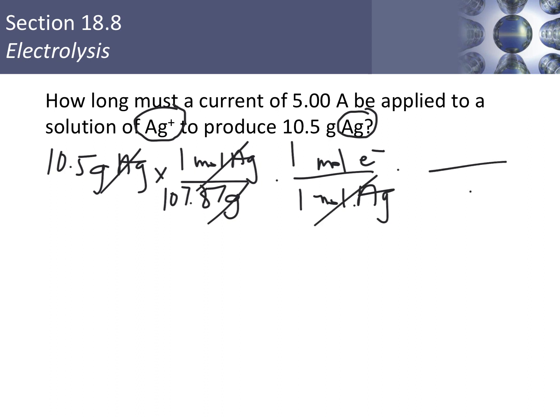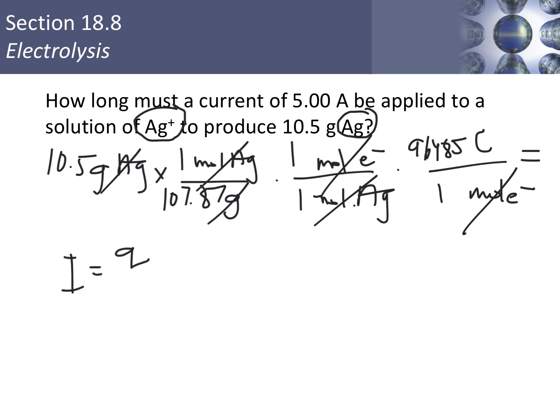Then we can cancel our moles of electrons and go to coulombs. That's that Faraday constant, 96,485 coulombs per mole of electrons. And then if you want to stop there with your coulomb answer and then go into the equation that has current and charge and time, that would be fine.